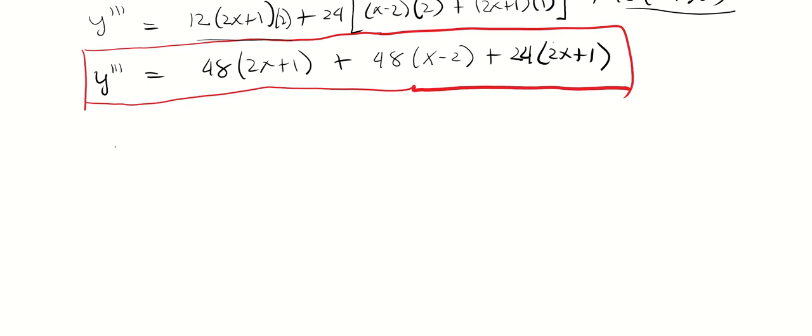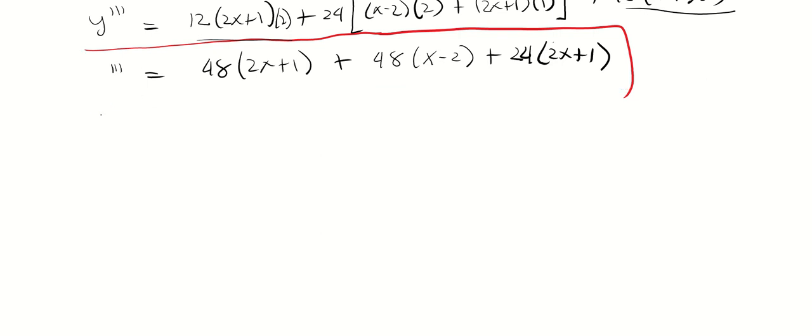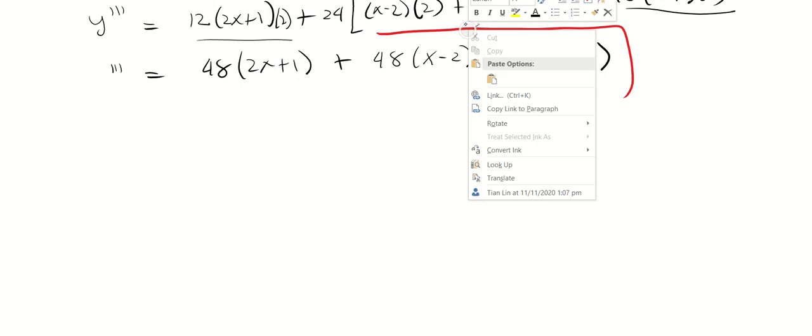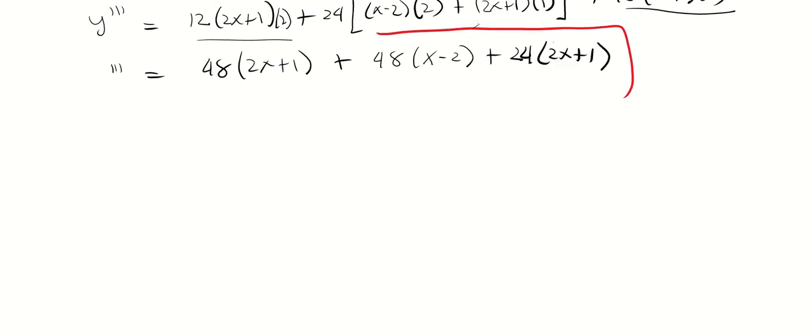We can simplify more so that we can take the derivative of the next one faster. So here, this is the same term. We just expand it. So this will be 48 times (2x + 1).